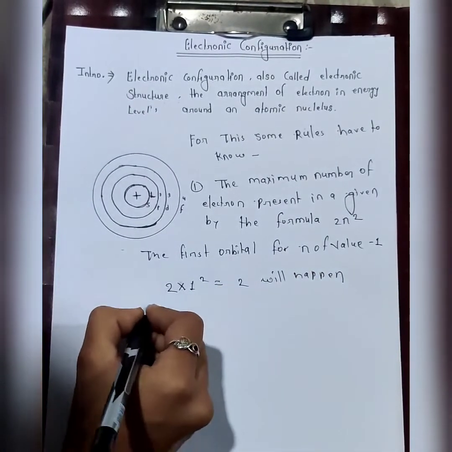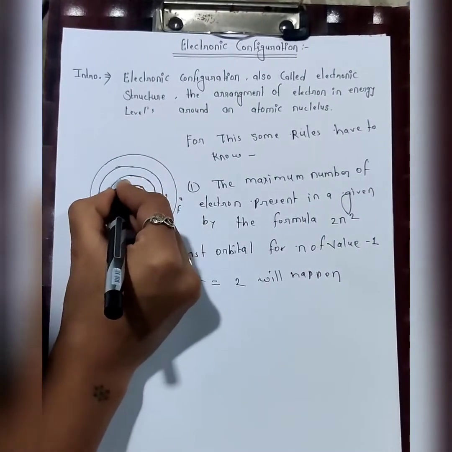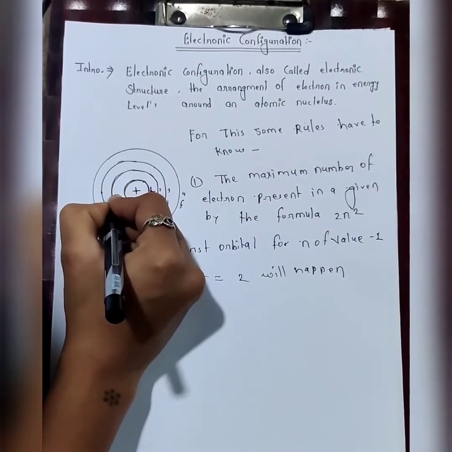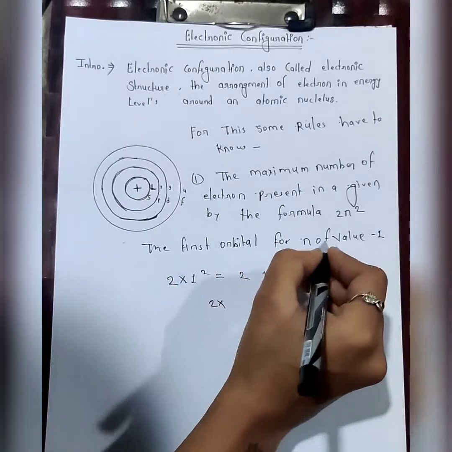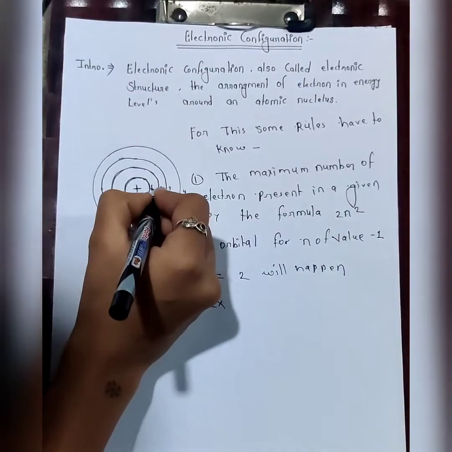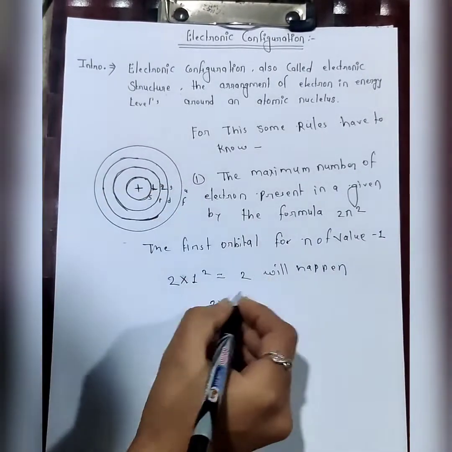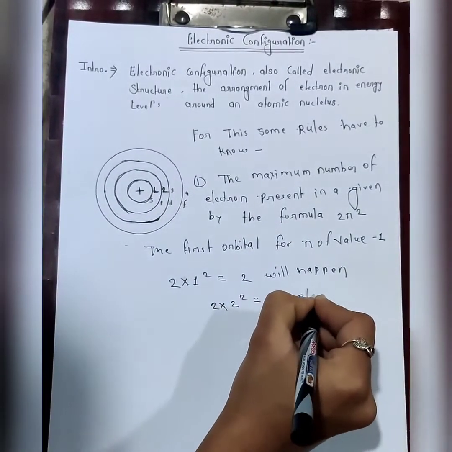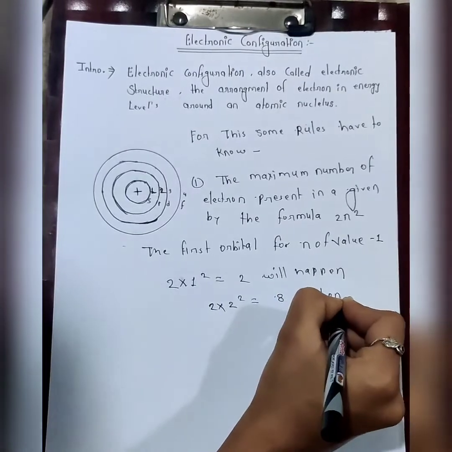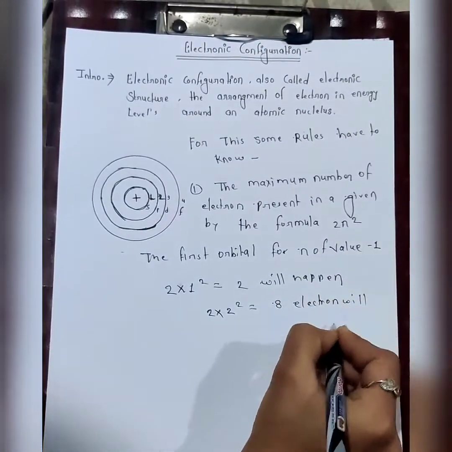And the second orbit, for maximum electrons, is 2 into n of value 2 square, which is equal to 8 electrons.